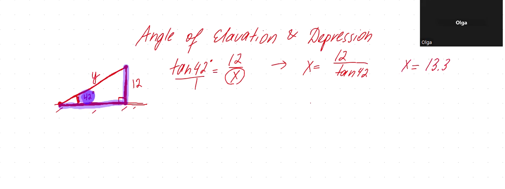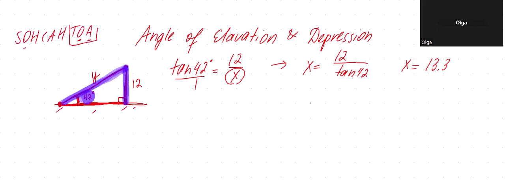So again, we're going to check what is given in terms of this angle. Let me just erase this. Here we go. So we have the opposite leg and the hypotenuse. So that stands for sine. Remember SOHCAHTOA: opposite to adjacent, we use tangent.